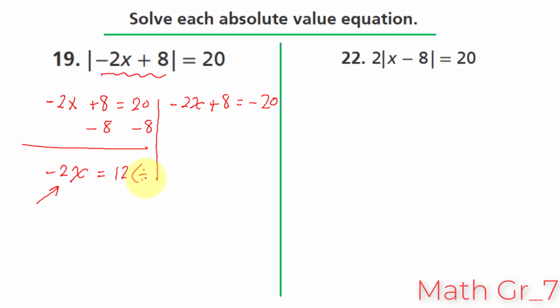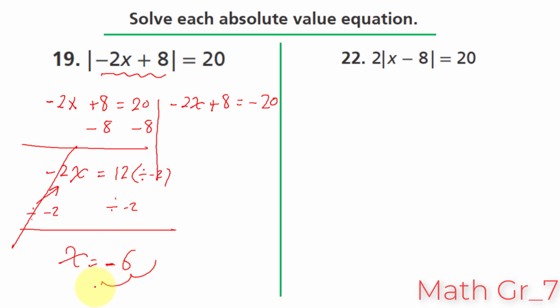So you have to divide both sides by negative 2. We can cancel negative 2. We get x is equal to 12 divided by negative 2. Positive divided by negative equals negative. 12 divided by 2 equals 6. Now x equals negative 6.